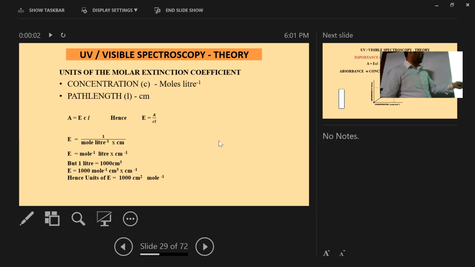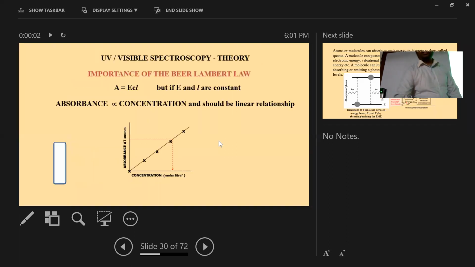The cm cube and cm minus 1 cancel out to cm square, and then we are getting cm square per mole. That is the unit for molar extinction coefficient. This is very simple. If you know the formula of Lambert's law, then easily you can find out the molar extinction coefficient.